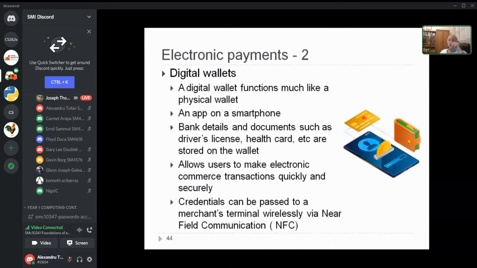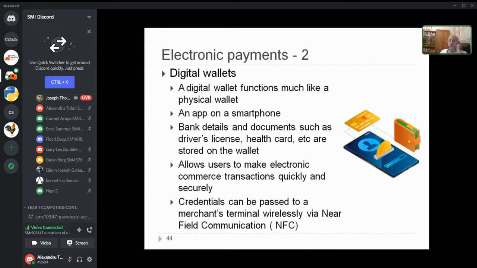Another way is using digital wallets, and the digital wallet functions like a physical wallet. It is an app on a smartphone, and you hold your bank details and other documents on your app. So it's like carrying a physical wallet around with you, and when you need a document, when you need to transfer money from your account, you can use your digital wallet to make payments. So users can make electronic commerce transactions quickly and securely.